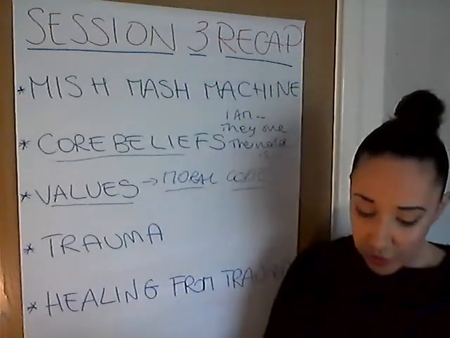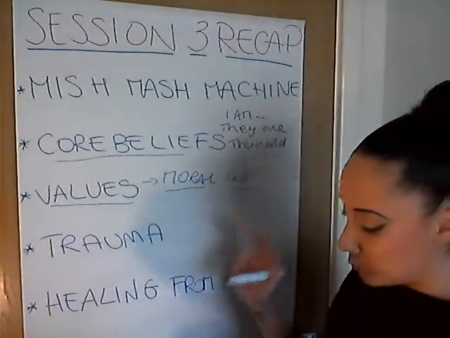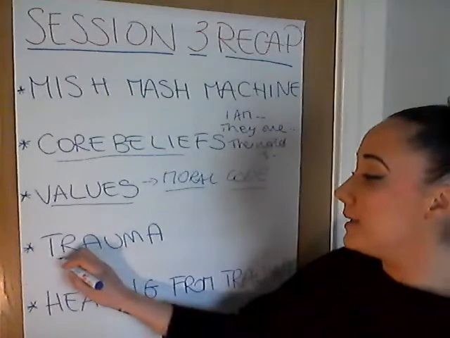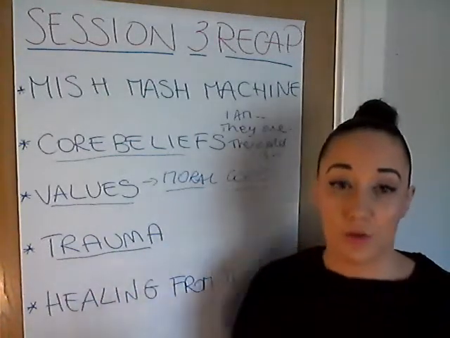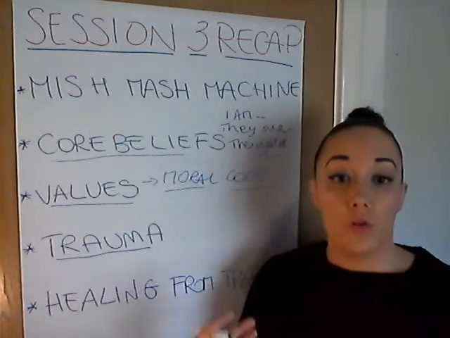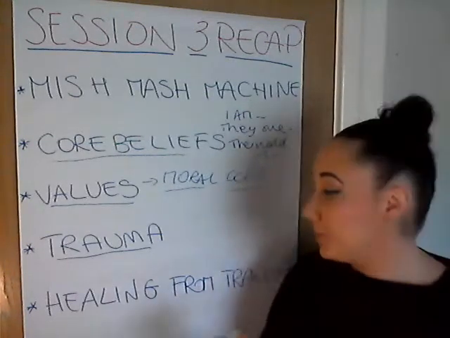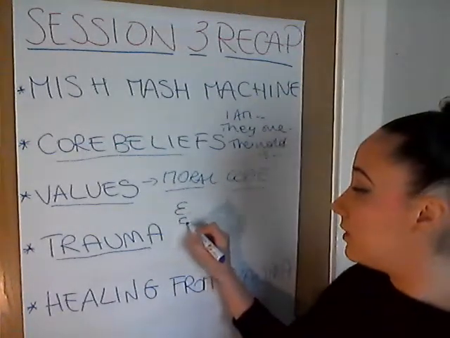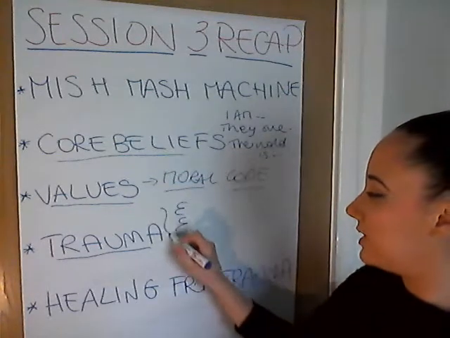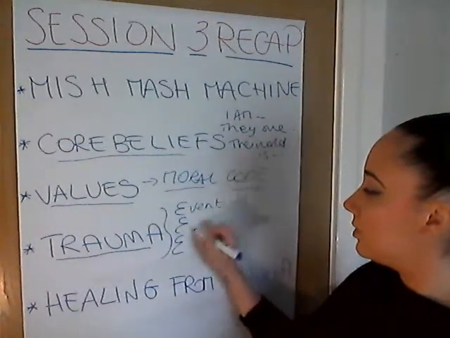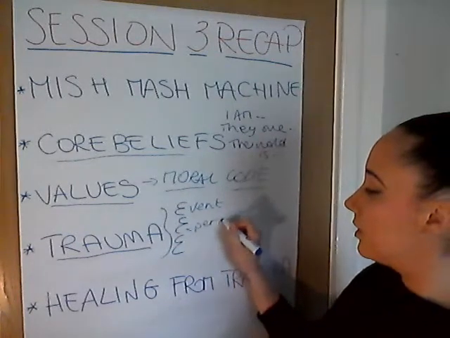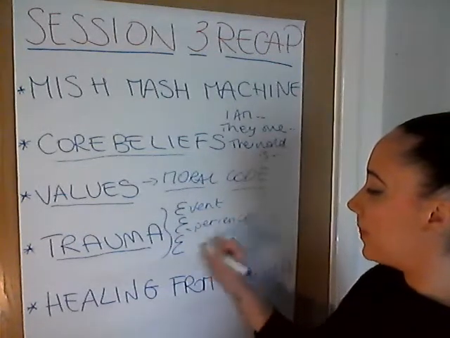Then I went on and talked about trauma. And trauma is basically any event or circumstance that causes us so much stress that it overwhelms our ability to cope. And if you remember, I did write the 3E, which is an easy way to remember trauma. That would be event, experience, and then effect, yeah?